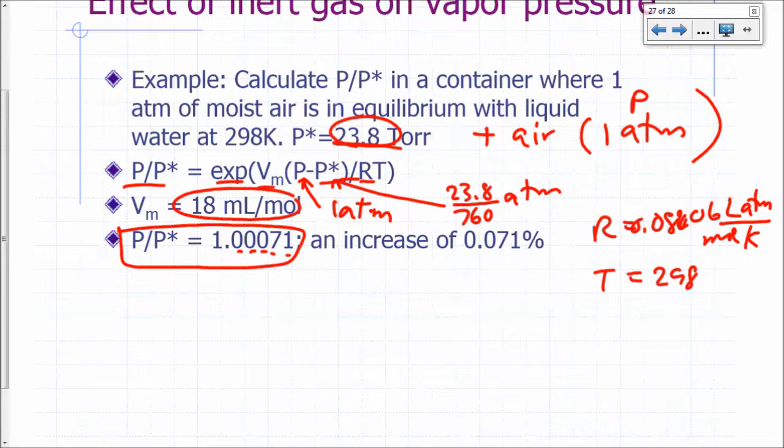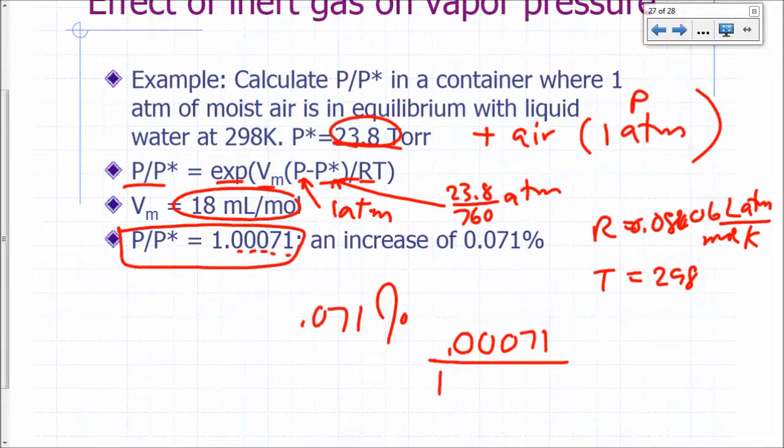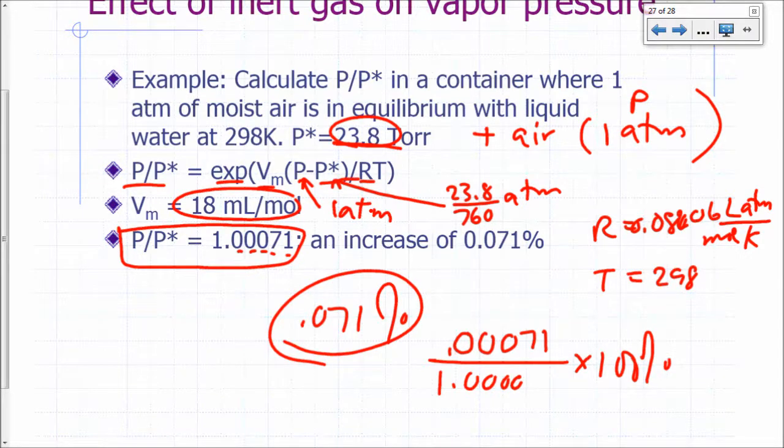So you're looking at a percent increase in the vapor pressure: 0.0071 over 1.0000 times 100%, so that's a 0.071% increase in the vapor pressure. Not a whole lot.